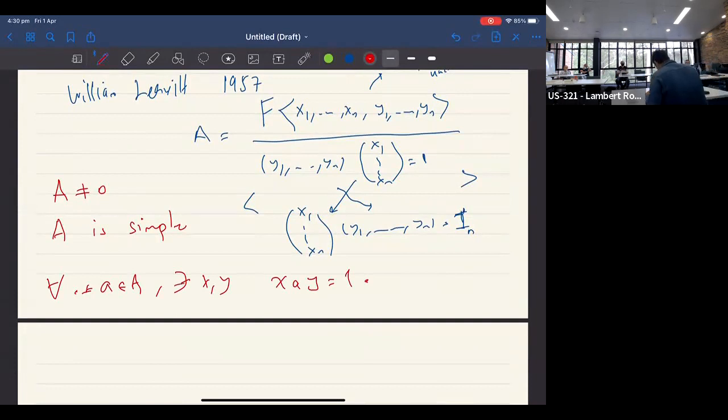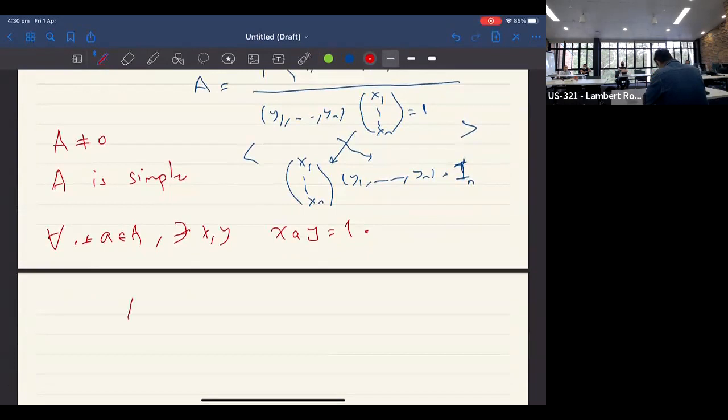Okay, so he does that, and then he proves what, and this is his motivation. He proves that this A is isomorphic to n copies of A as an A-module. So this was his motivation, to come up with a ring which is very far from linear algebras.